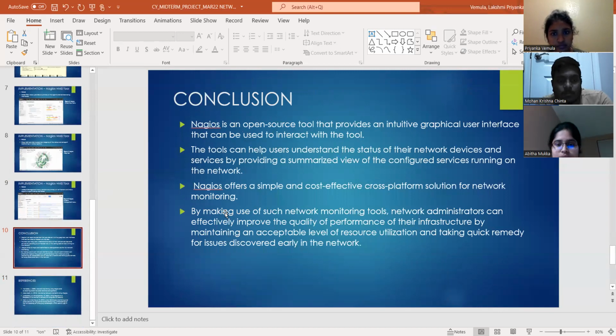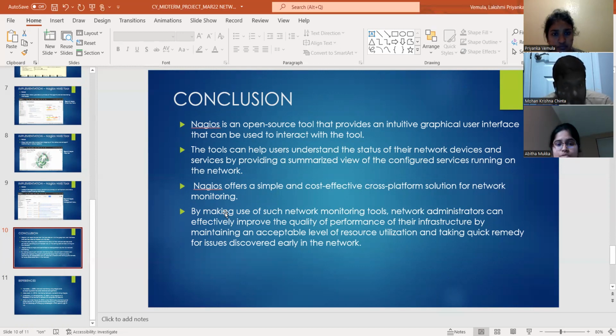And coming to the conclusion, Nagios is an open source tool that provides a graphical user interface that can be used to interact with the tool. It can also help users understand the status of their network devices and services by providing a summarized view of the configured services running on the network, which is also a simple and cost effective cross platform solution for network monitoring.